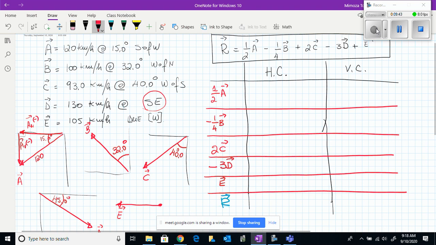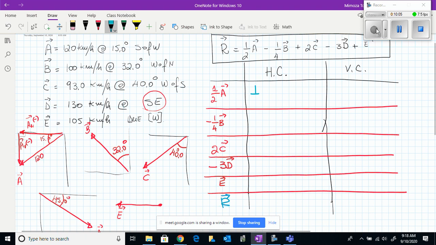Please make sure that the calculator is on degree mode, and then we will go negative 1/4. Let's do this, and see what the formula is giving us.